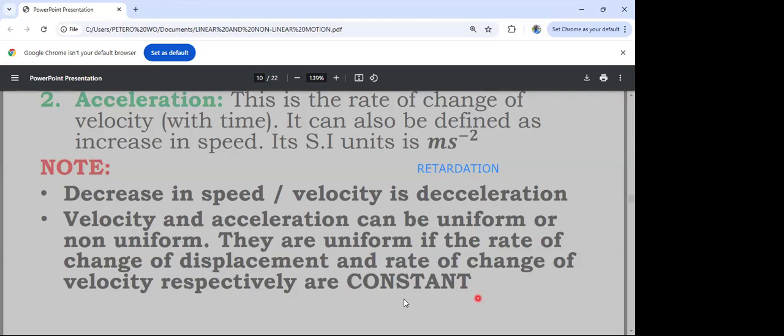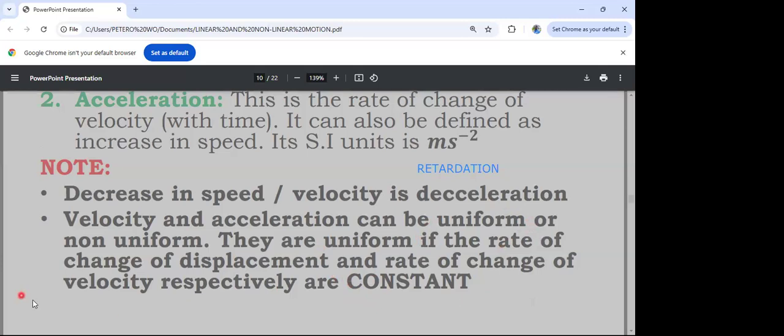After 2 seconds, that person has moved 40 meters. After 3 seconds, that person has moved 60 meters. That means for every second, that person is moving a distance of 20 meters. Then we call that uniform velocity, because the rate at which displacement is changing as the time changes is constant.